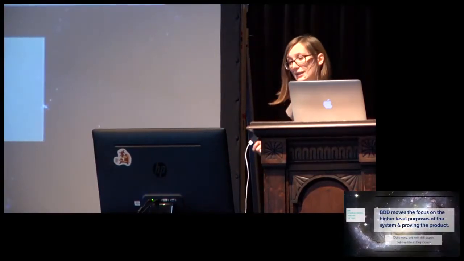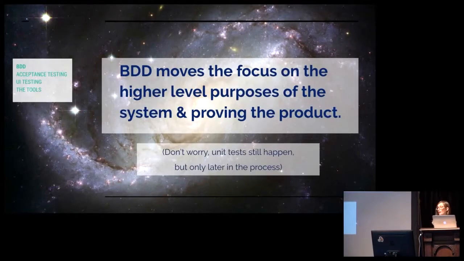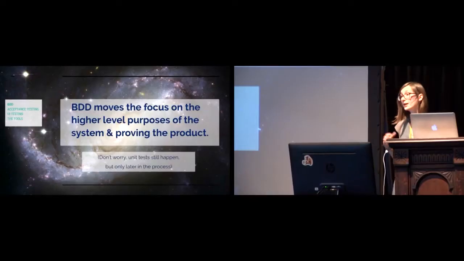The takeaway here is that BDD moves the focus towards the higher level purposes of the product. It's focused on proving your app and making sure that you're building the right thing.